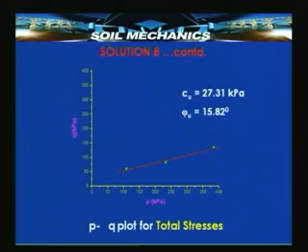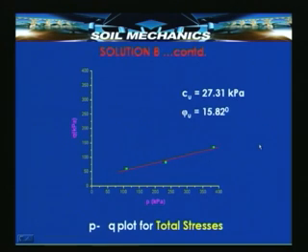So, if you plot P and Q, this is the kind of plot you will get for the total stresses, and this being a straight line, you can fit a straight line through all the 3 points and you can find out the intercept and the angle of inclination, from which you can calculate the cohesion and friction parameters corresponding to the total stress condition, that is the undrained condition, which are known as usually Cu and phi u undrained. So, in this particular problem we get 27.3 kilopascals and 15.82 degrees.